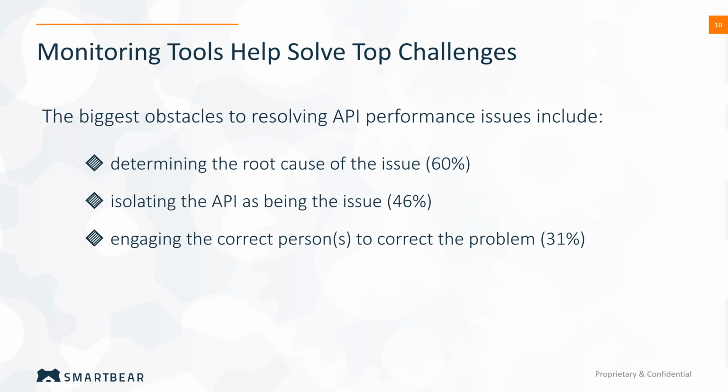So monitoring the API directly can help isolate root cause if you're monitoring the API in conjunction with the web front end. There's a lot of value in getting that root cause just by having monitors on the APIs as well as on the front end application.